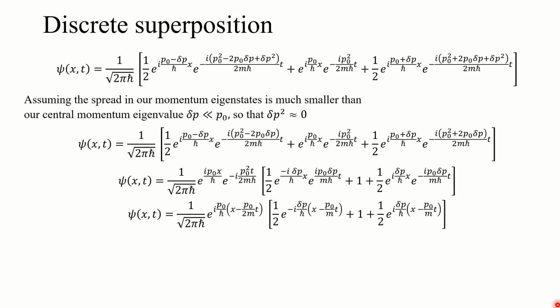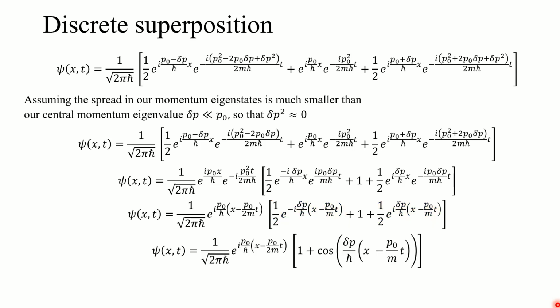And this can be simplified by acknowledging that those exponential terms inside the square brackets are the exponential form of cosine. So all of this simplifies to our time-dependent wave function looking like this.